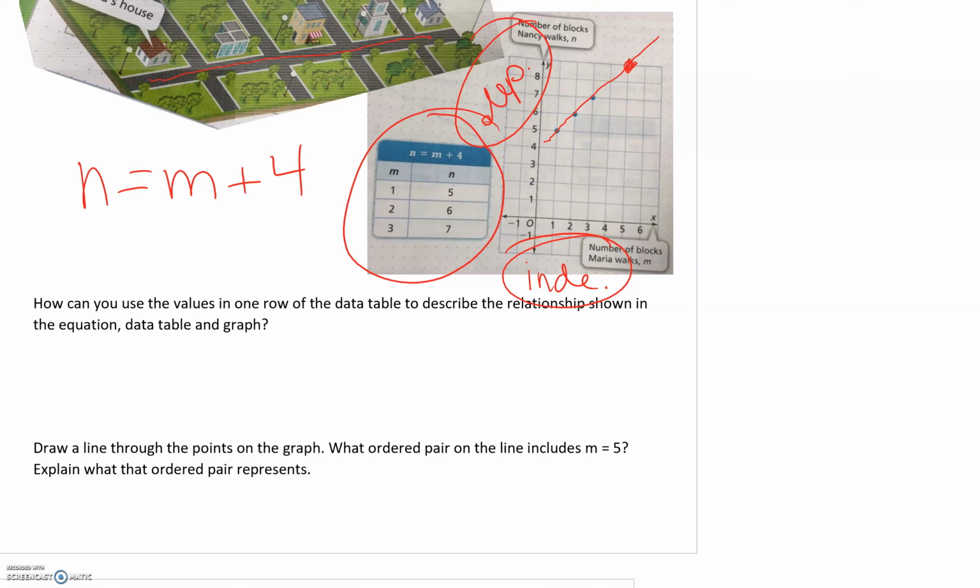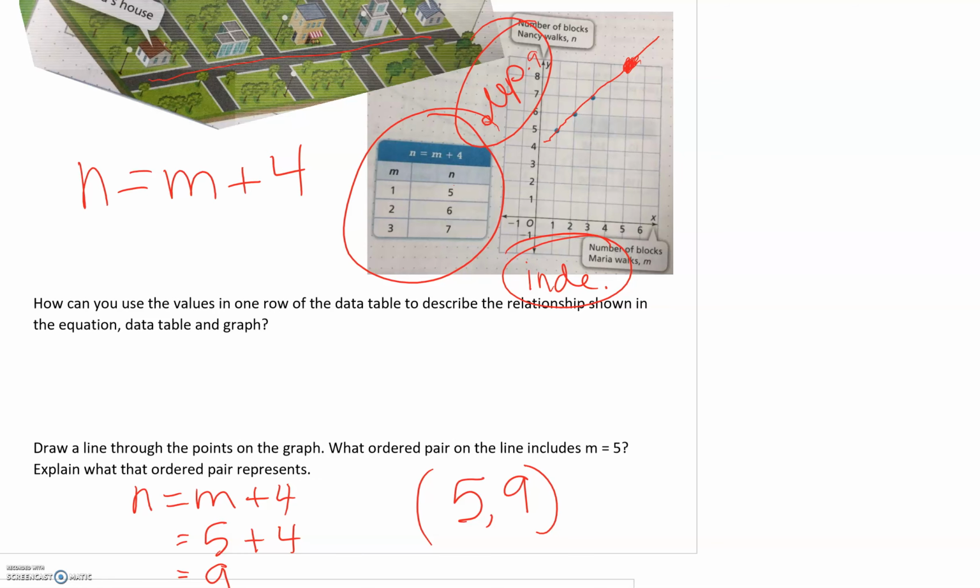So when m equals 5, my ordered pair would be (5, 9), because my line intersects at this point, and that is 9 on my graph. I could also substitute into my equation: n equals m plus 4, so 5 plus 4 gives 9.